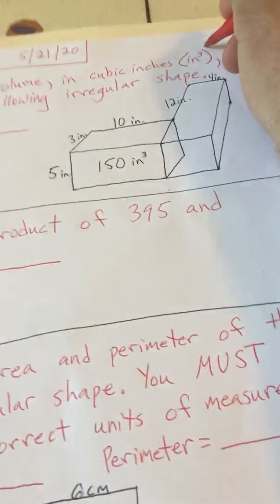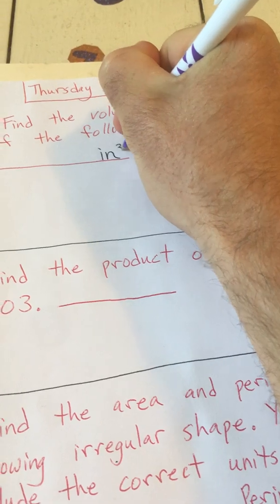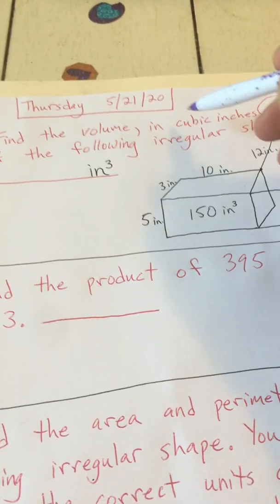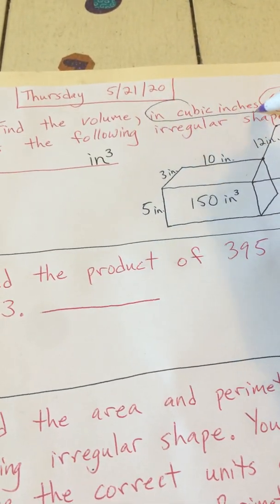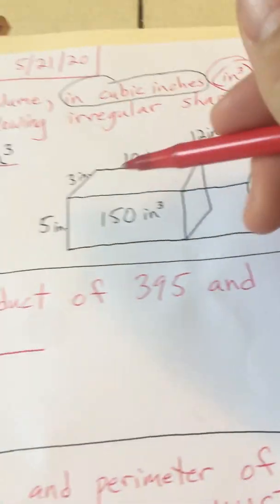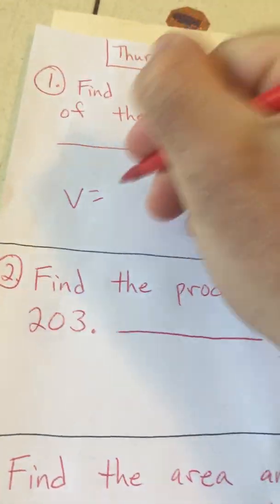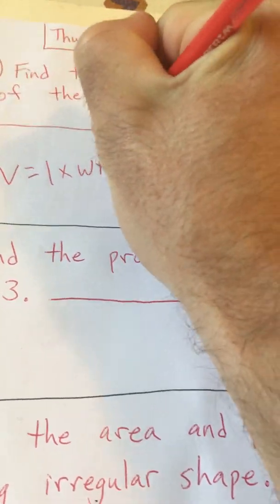Okay, so we're using cubic inches, so we need our answer to be in cubic inches. So I'm going to already put my unit of measurement there, inches cubed, because that's what it wants our answer to be in. So here we go. If we look at this part of the shape, they give you the formula: volume is length times width times height.